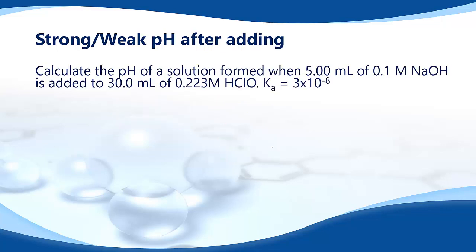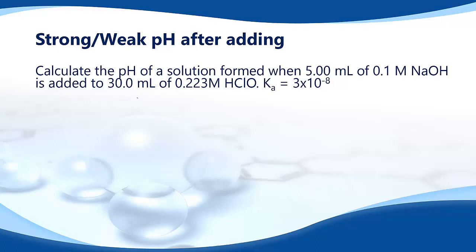Now, our third one is what's going to happen after we've added a little bit of a base to this. So still the same HClO. Now we're adding a base, and I gave you an initial volume of HClO. So what we want to do here is, again, we probably have an excess of weak acid with some strong base, but we'll just check to find out.